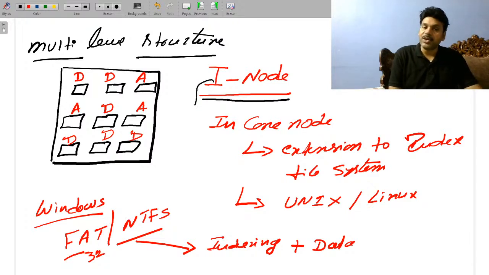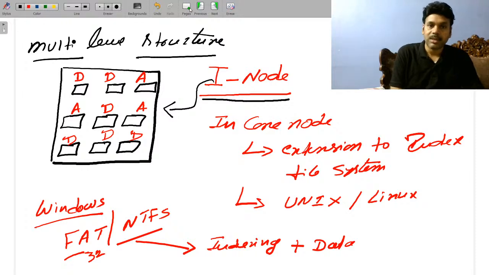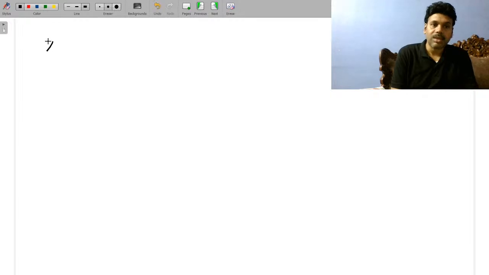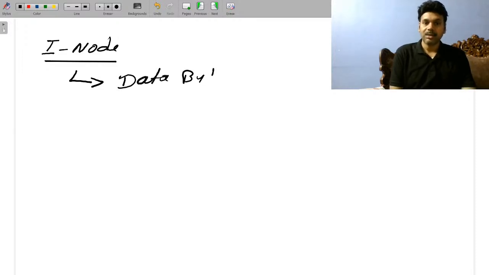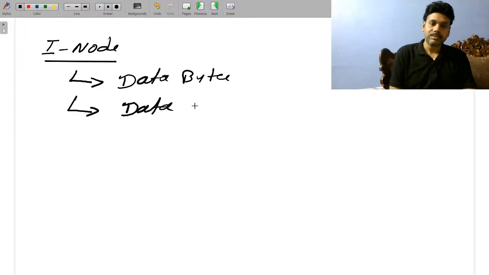So the inode structure is like this. What is that? Some blocks store data and some store what? Addresses, data block addresses, DBA. So we are going to learn two important elements when you are talking about the inode: one is the data bytes, another is the data block address.